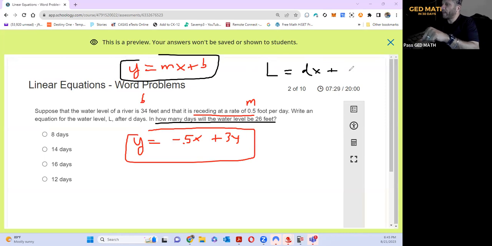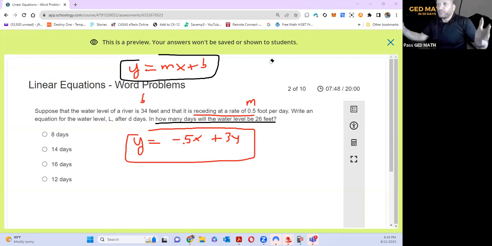But let's use the equation we started with, because it's still y equals mx plus b. So y equals negative 0.5x plus 34.